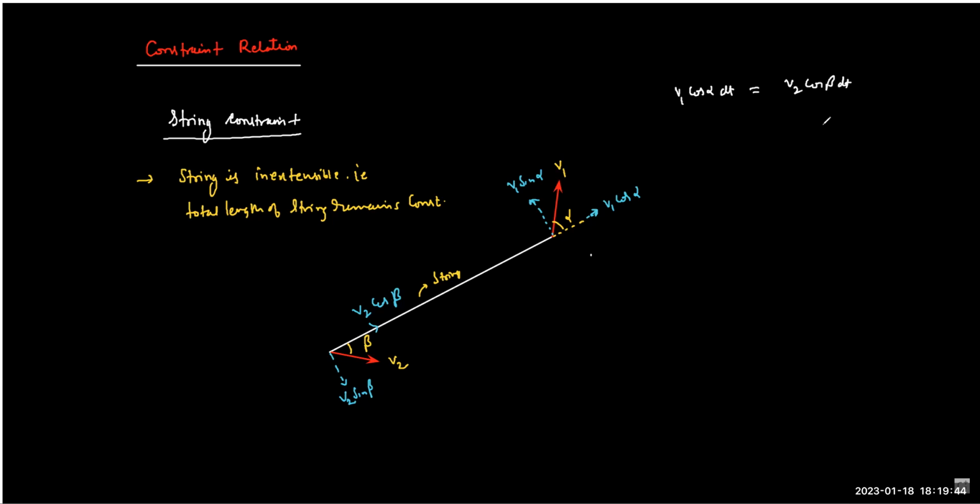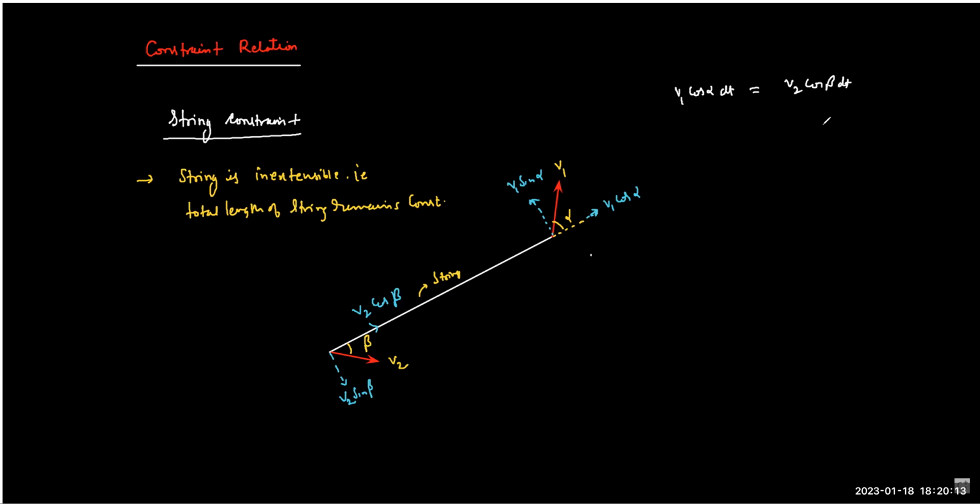So when bodies are moving in such a way to maintain their physical contact all the time, or moving in such a way to keep the connected rope taut all the time, then the constraint will arise naturally, and therefore a relationship will come into the picture between the velocities or the displacements. The relation of velocity and displacement is called constraint relation.